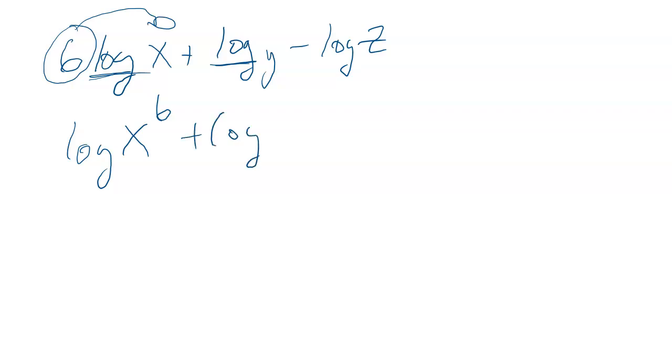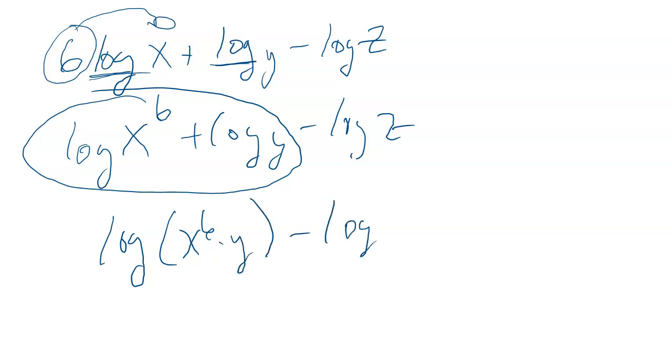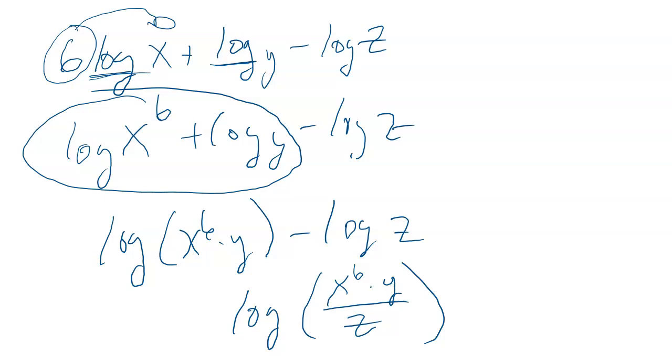Plus log of y minus log of z. Now you can write this as a single log. So we say log of x to the 6 times y minus log of z. And so this is log of x to the 6 times y over z as the answer. No big deal.